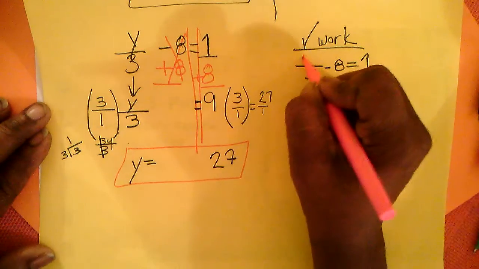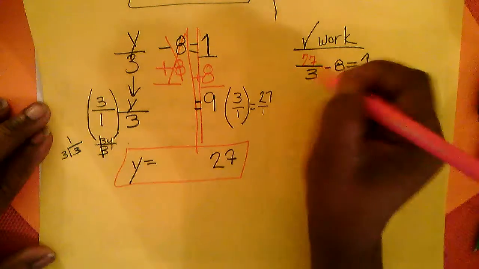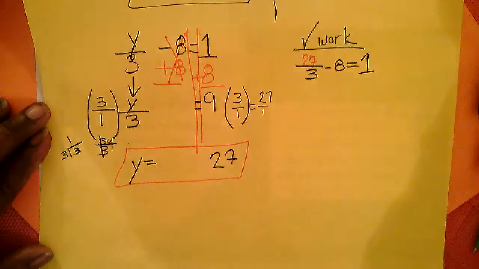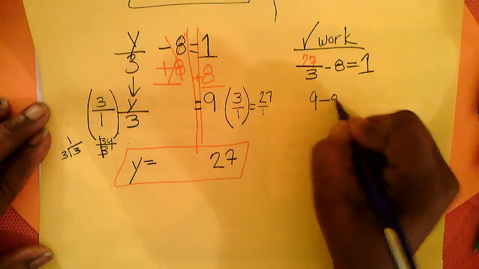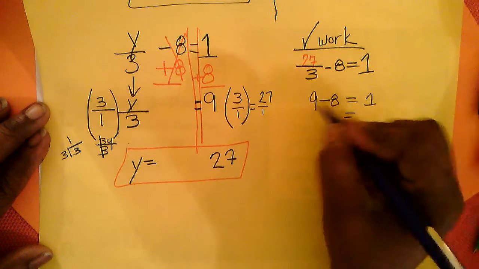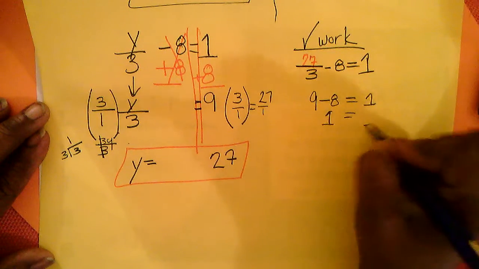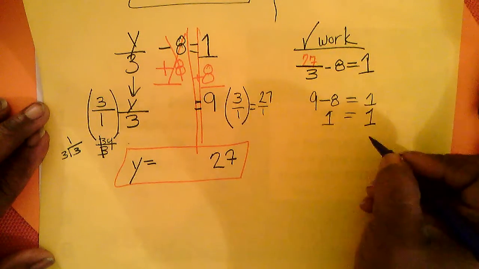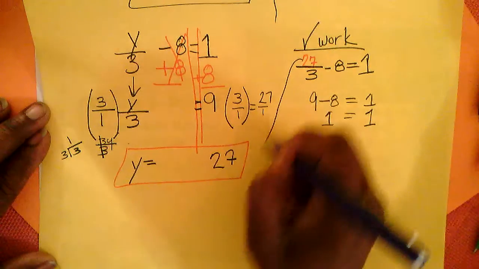So we plug that 27 back in. 3 goes into 27 9 times. 9 minus 8 equals 1. So now we know that our solution was correct. 27 was the correct answer.